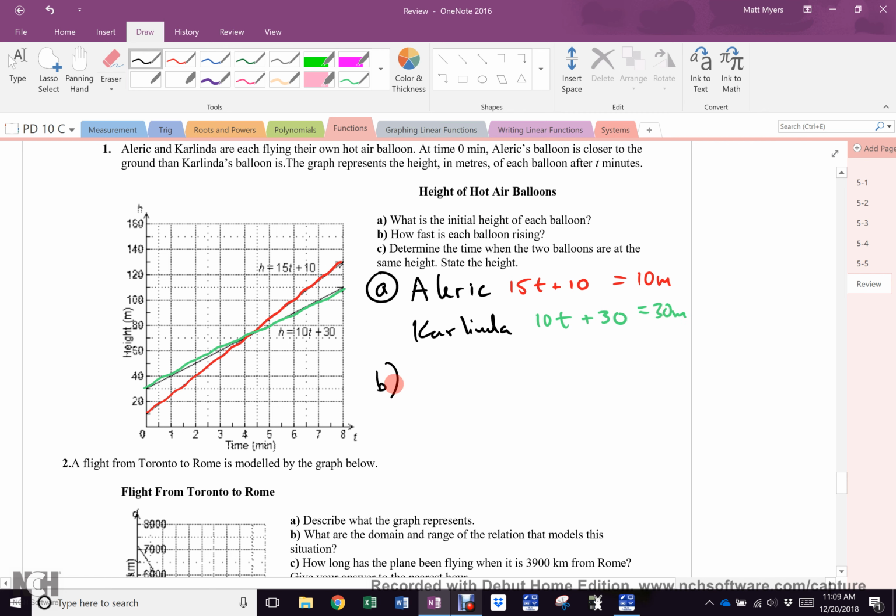B, how fast is each balloon rising? Well, Alaric, in red, is going up 10, 20, 30, 40, 50, 60.